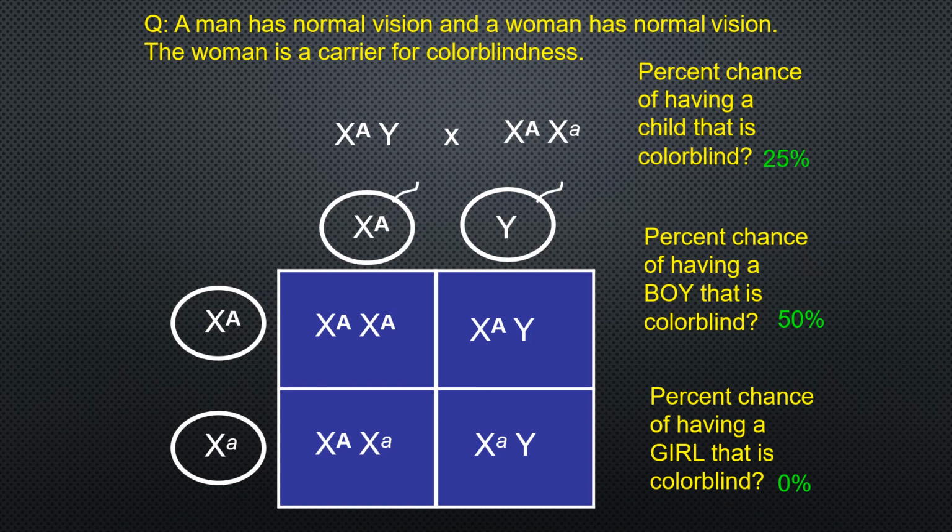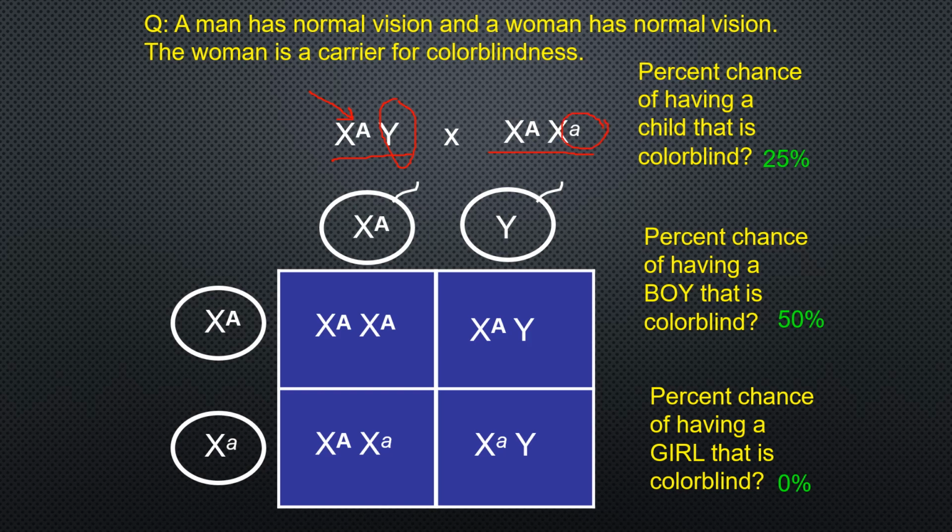So let's talk about colorblindness for a minute, because that's just a quick, easy, genetically inherited, quote, disease. So if we're looking at a man, because he has a Y chromosome, but let's say this man is dominant, and that means that he has normal vision, and then we're crossing that man with a woman who is a carrier for the colorblindness gene.